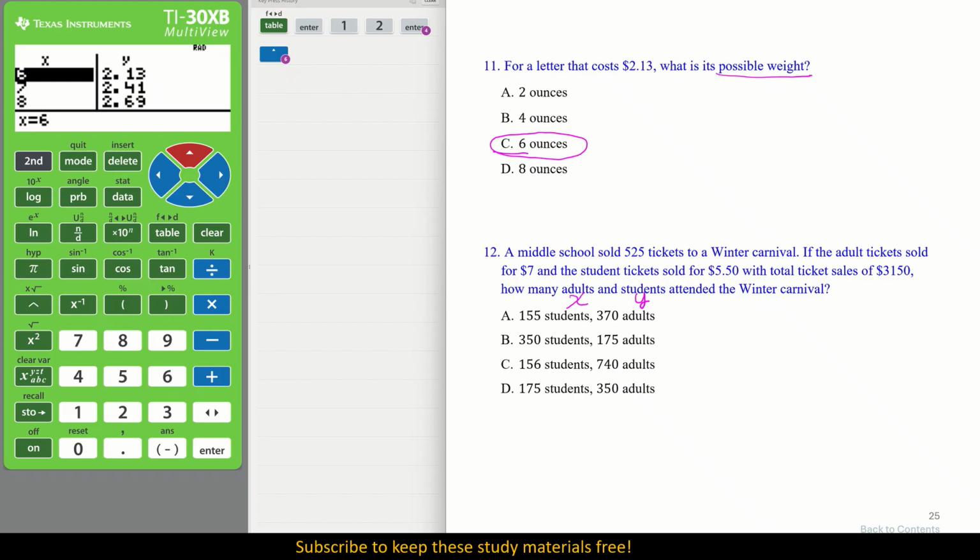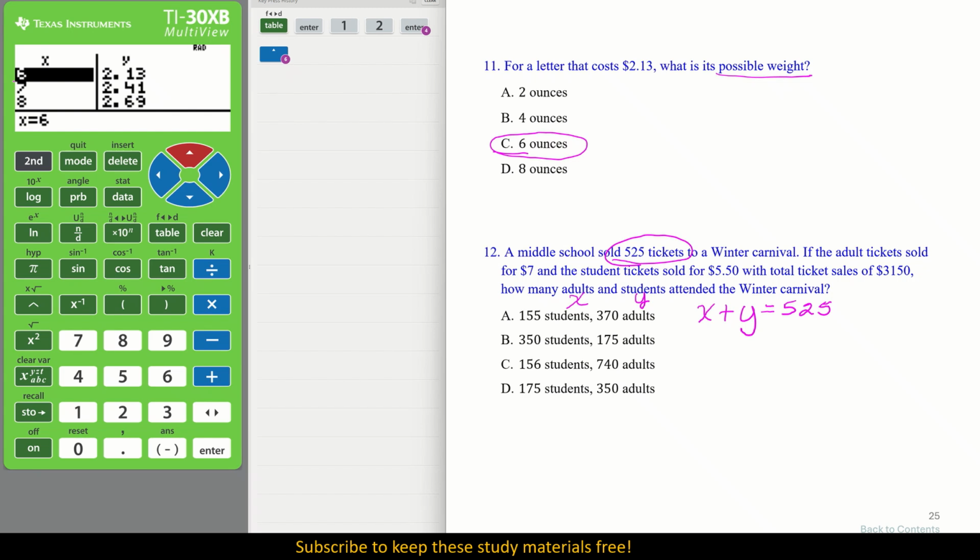We know that this is the total of tickets sold. Well, tickets represent people walking in the door. So let's say that we have I don't know how many adults, plus I don't know how many students, equals 525 tickets.